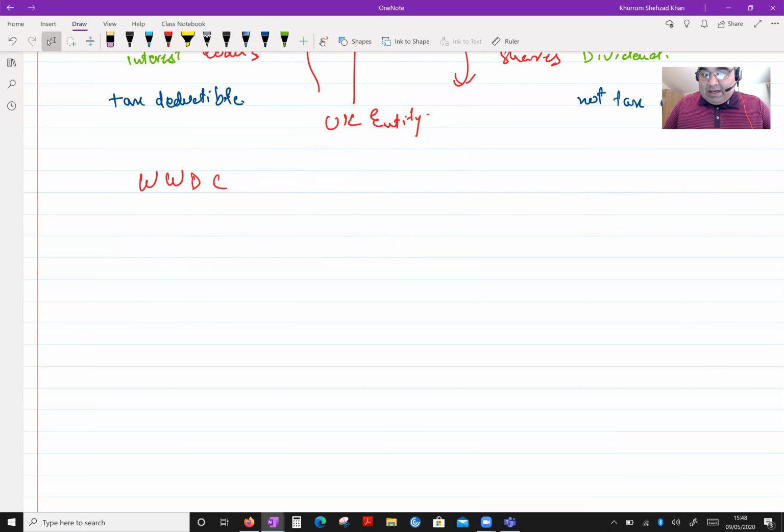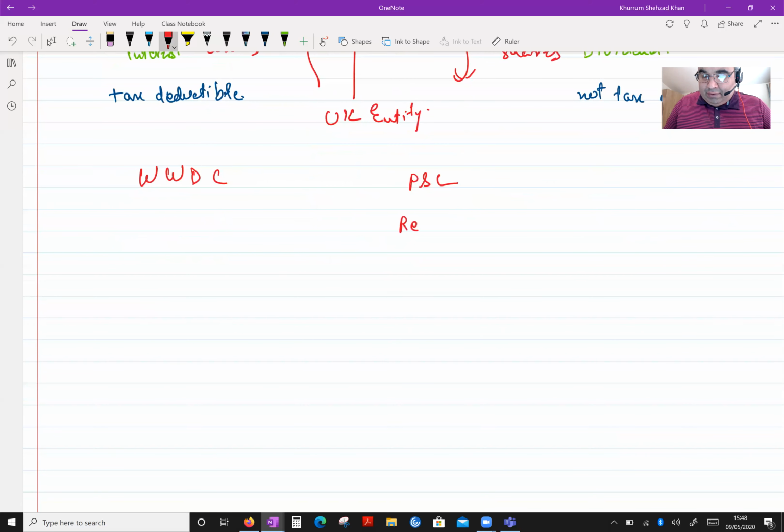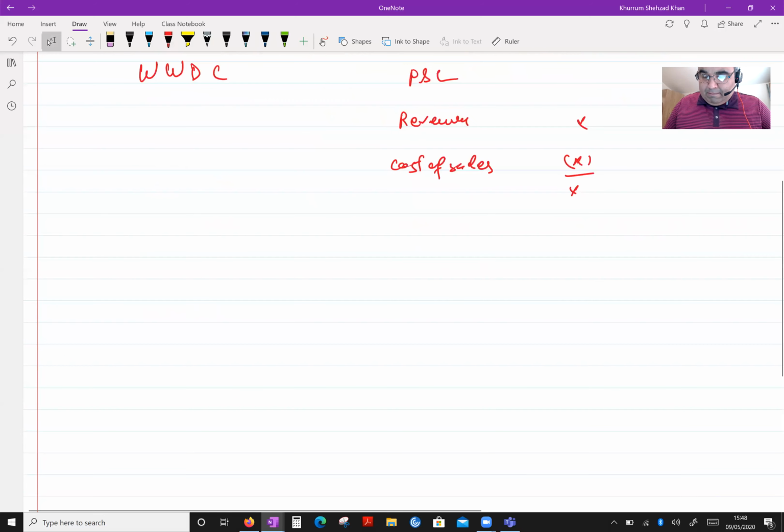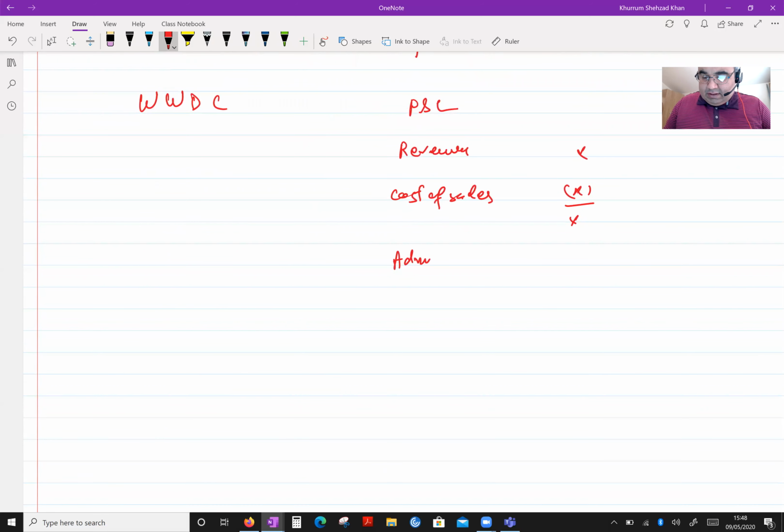If we see a P&L of a company, we will have revenue, cost of sales, gross profit, then admin expense, then operating profit, and then there will be a finance cost, and then this will be profit before tax.